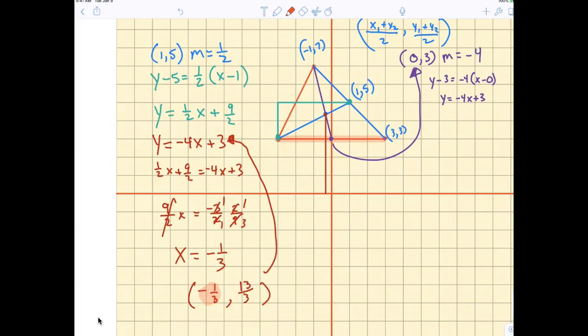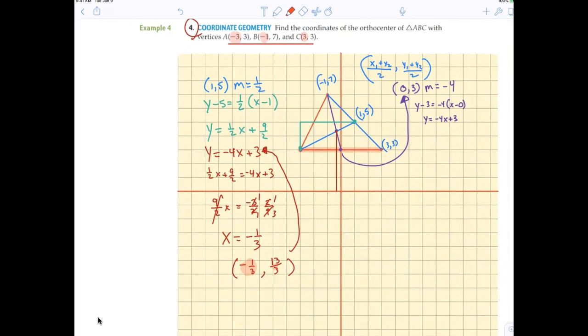So you don't have to do all that. See if it works for 13/3. It does work. So make yourself a note. The centroid is the average of the x's and the average of the y's.